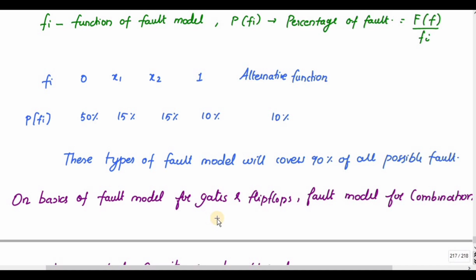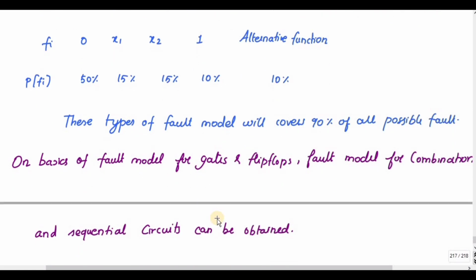From this you can identify that this is a better model. On the basis of this fault model for gates and flip-flops, fault models for combinational and sequential circuits can be obtained. I hope this video is useful. Thank you.